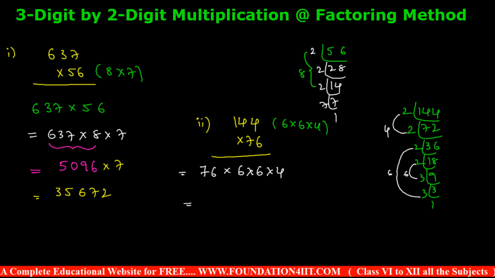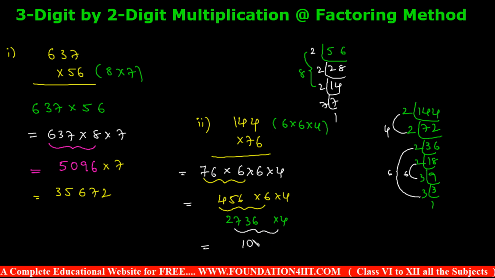So you can multiply step by step. First 76 into 6, 456, because you are already perfect with single digit multiplication of any number internally in mind. Then this answer again multiply with 6, that is 2736. Finally, multiply this with 4.